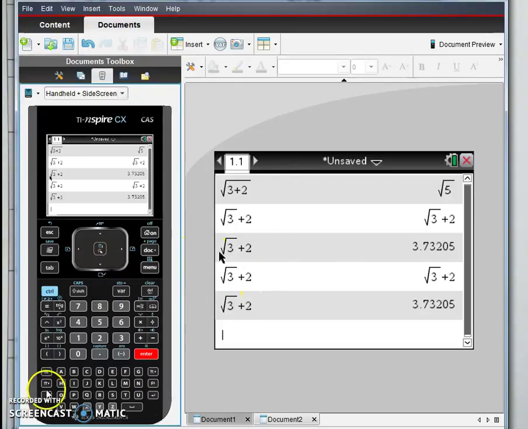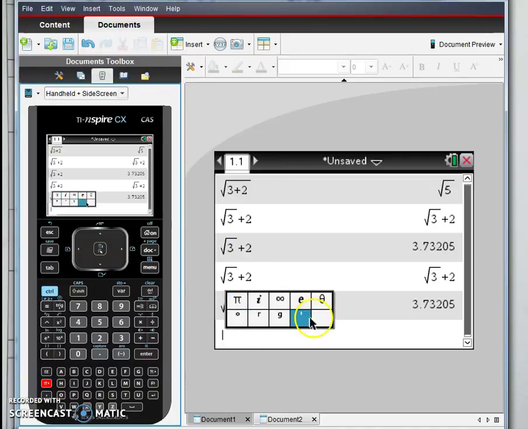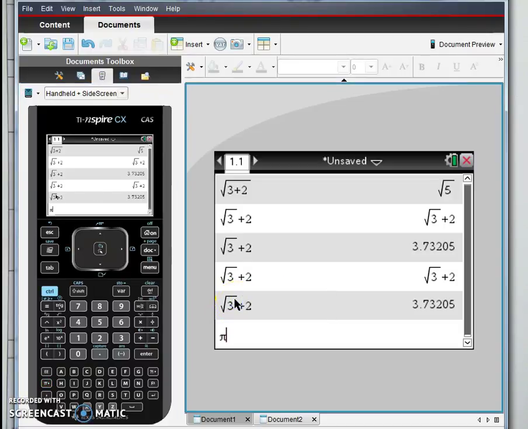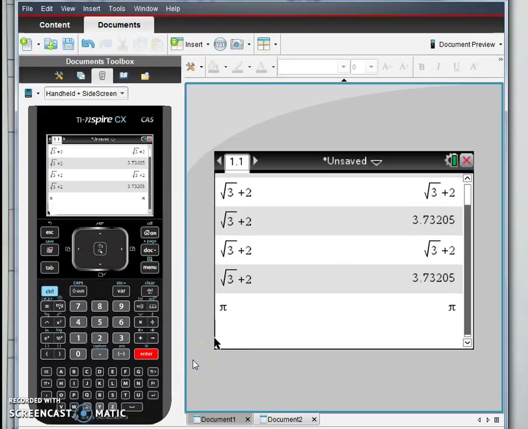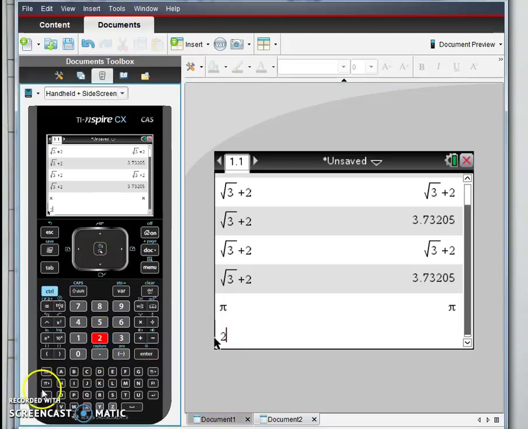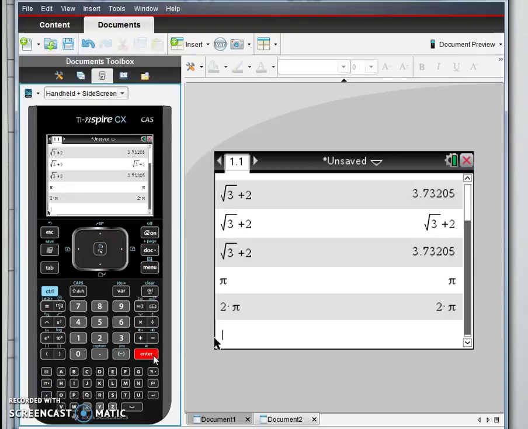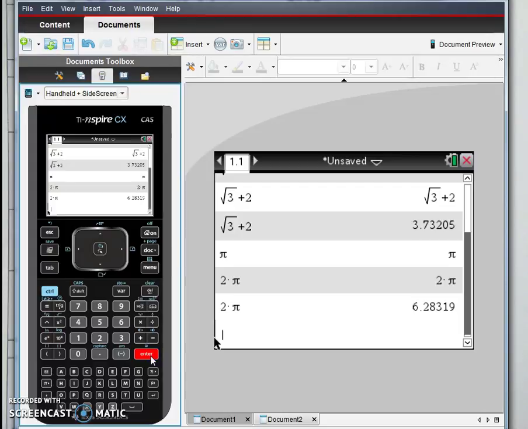If you see this button right here, down here at the very bottom, can everybody see that? If you click that, then this little screen pops up, and you just hit enter. It's already on pi, and it puts the pi symbol in there for you. All right, so we want to do 2 and then pi. Oh, so now I have to do control enter because mine's leaving it that way. So 6.28.